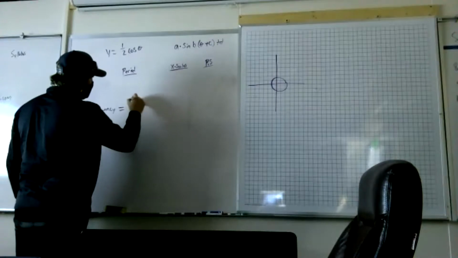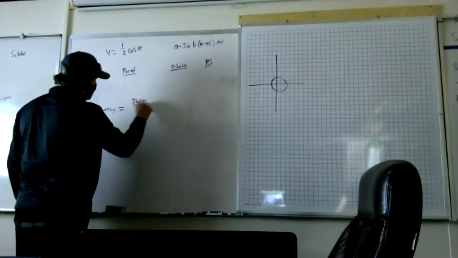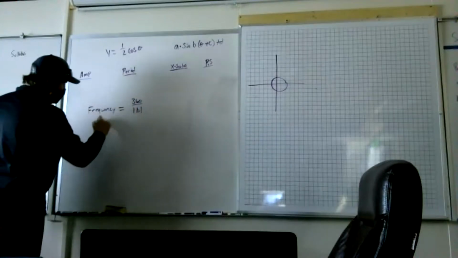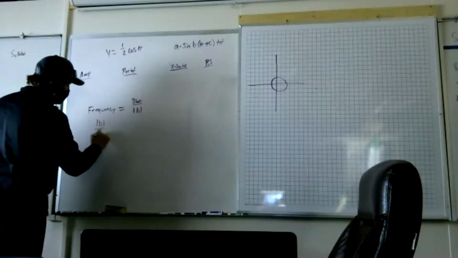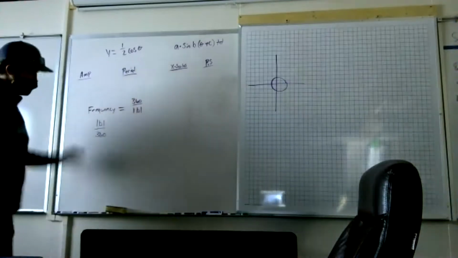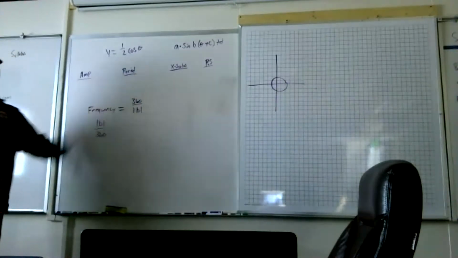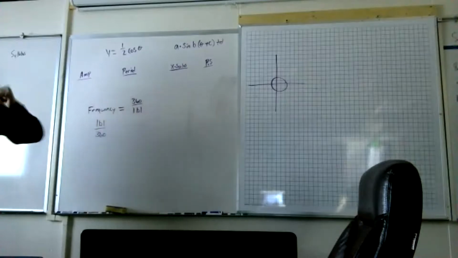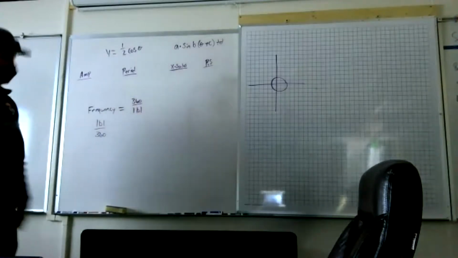So if our period is found by taking 360 divided by the absolute value of b, the frequency would be absolute value of b over 360. Because that's our period formula, if we flip it, we get the reciprocal.